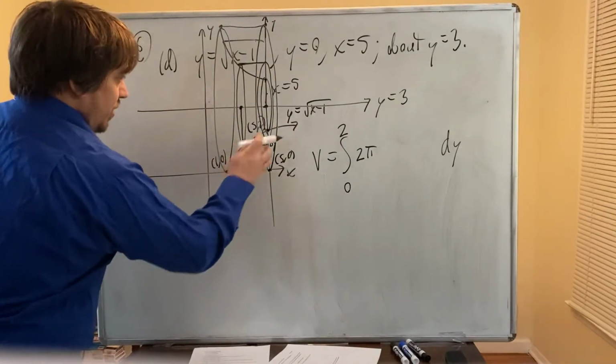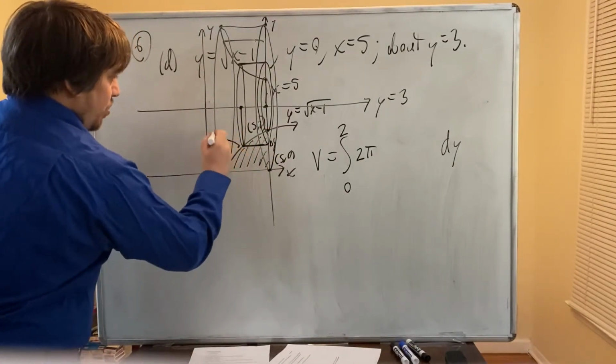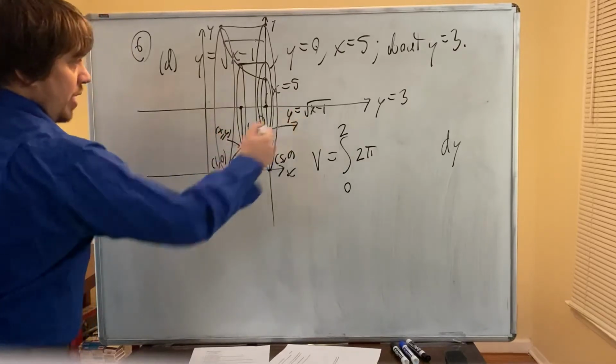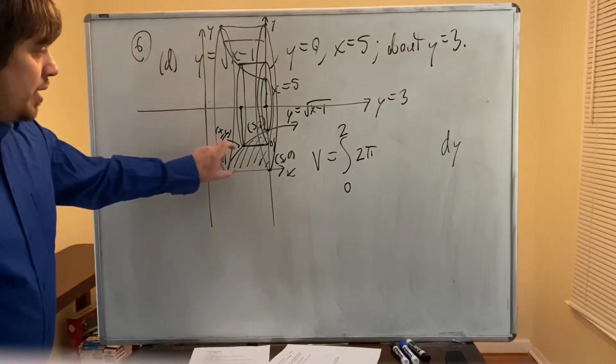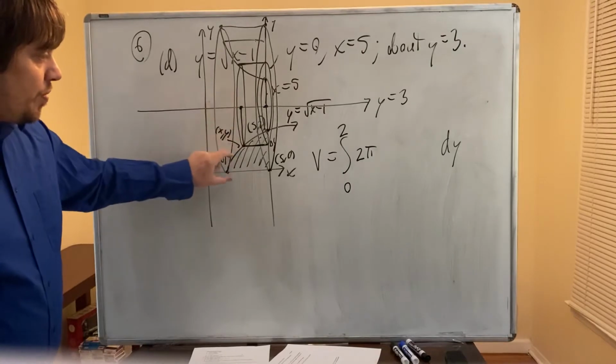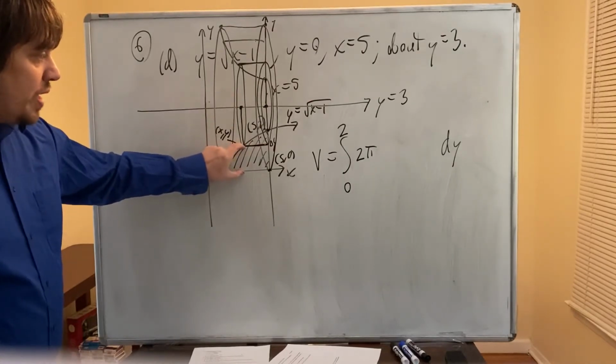Here's a point on the graph. Now, this point is a point x comma y on the graph y equals the square root of x minus 1. That's the height y of that point.